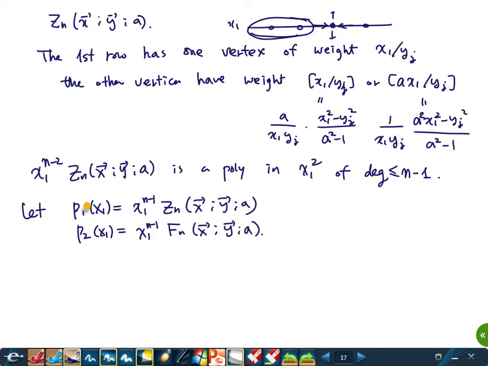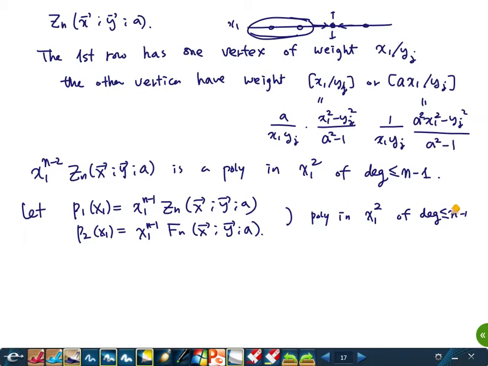So if you can show that P1 equals P2, then we are done. These are polynomials in x1 squared of degree n minus 1 at most. So now we have two polynomials of fixed possible degree, n minus 1.